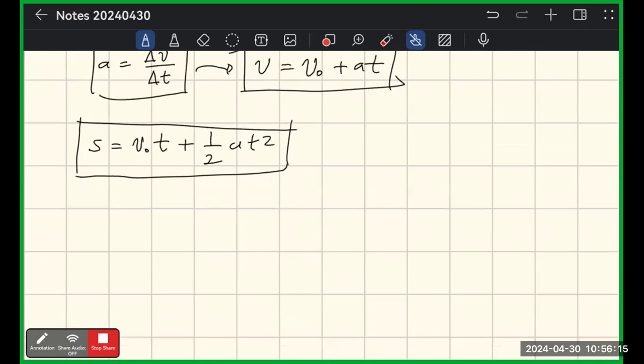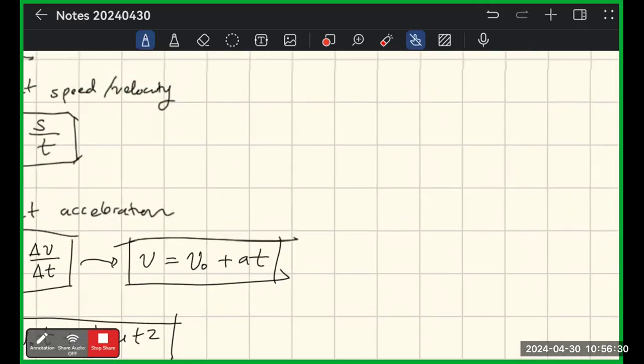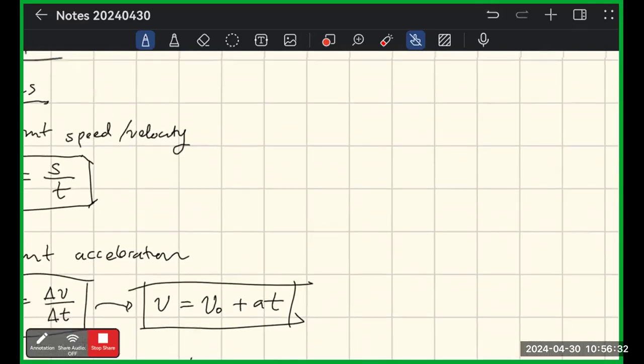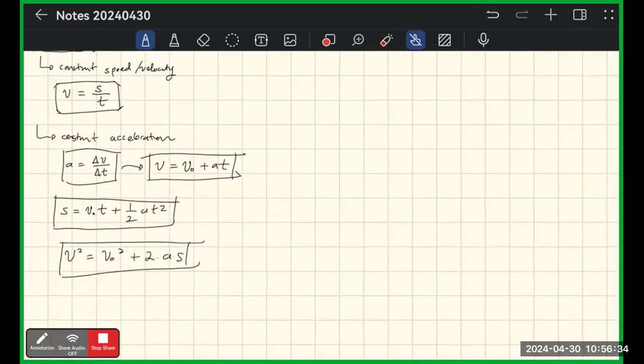And then we also have that v squared equals the initial velocity squared plus 2 times the acceleration times the displacement. So maybe I have to write down here: v is velocity, s is the displacement, t is time.